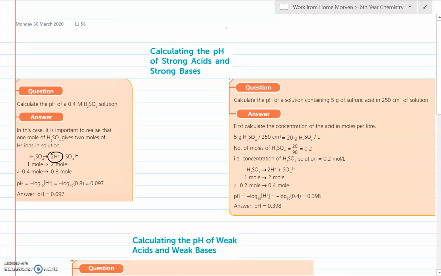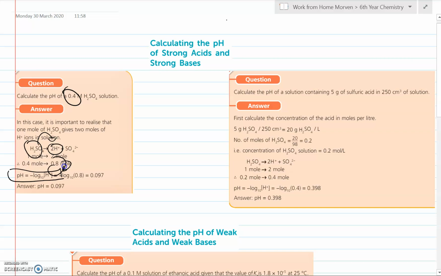So for every one molecule of H2SO4, you end up with two H plus, which means if you have a concentration of 0.4 H2SO4, you will get twice the concentration of H plus. So when you put the concentration into your minus log to the base 10, the formula we saw last week, you're literally putting in 0.8 as your concentration.